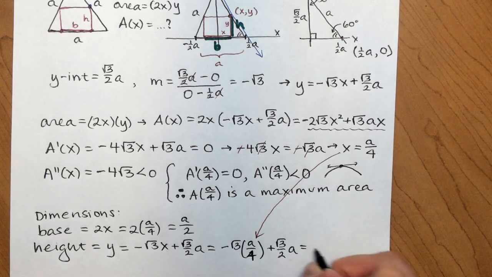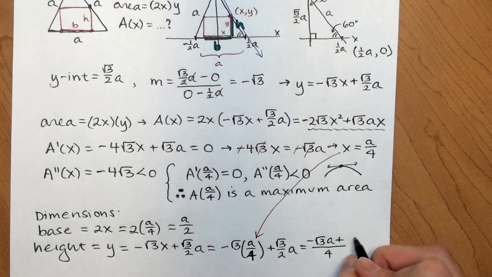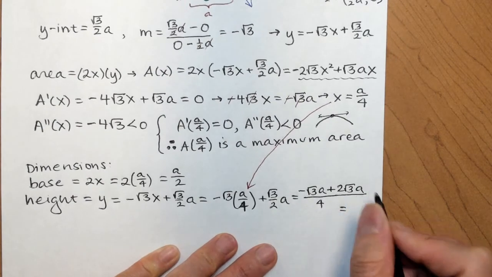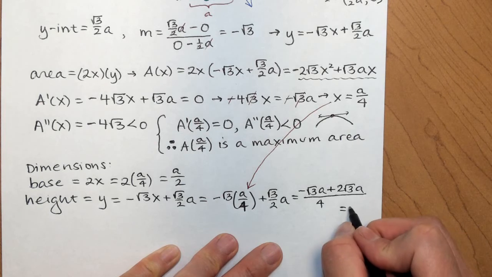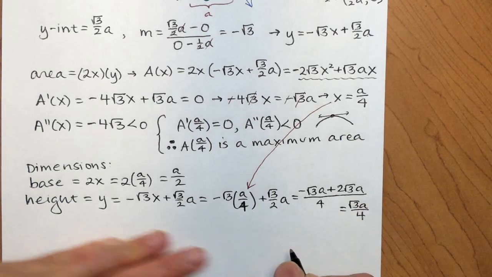So let's give those a common denominator, which is going to be 4, negative root 3a, plus, I have to multiply by 2 over 2, 2 root 3a, and that's going to give me root 3a over 4.